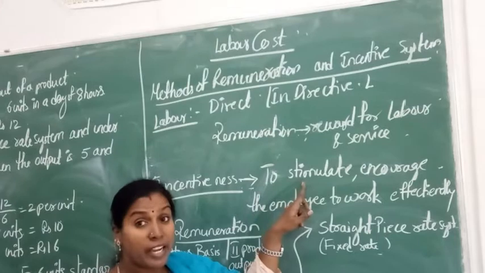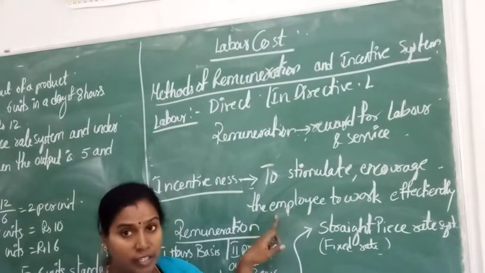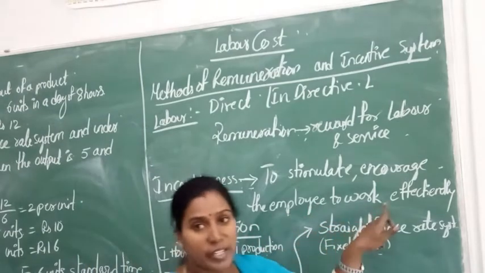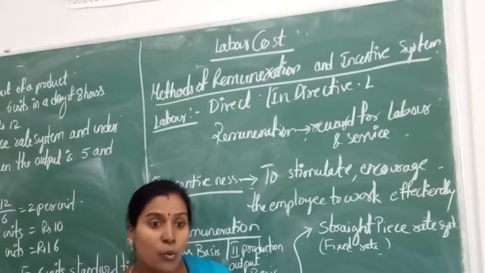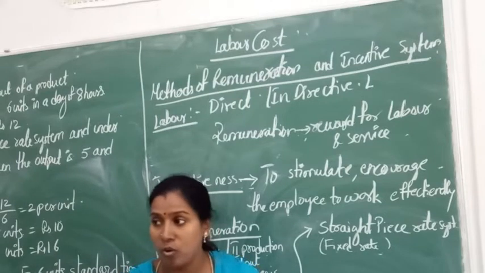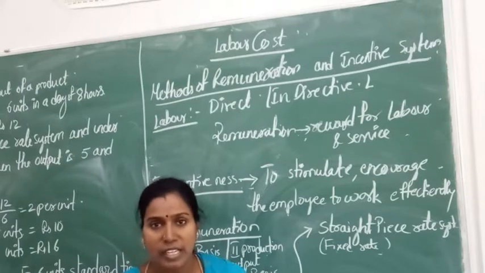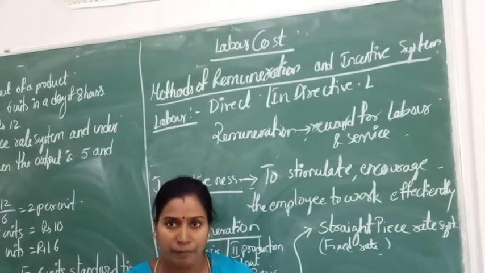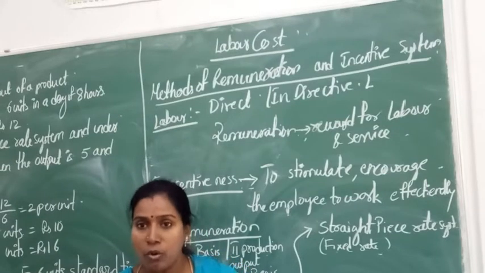To stimulate, to encourage the employee to work efficiently. An effective person and an ineffective person, a hard worker who gives more output to the company and one who does less work to the organization, should be differentiated. The person who prepares more output should be given more salary.